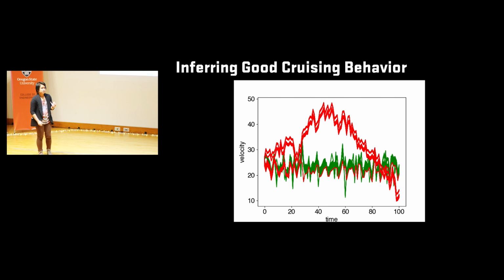In this graph, these signals are velocities of a train system that has a cruise control routine programmed into it. But the red signals show the cases where the train's brake system isn't working properly. And the green signals are the good behaviors that we want to enforce. So how do we discover a formula that describes those good behaviors?